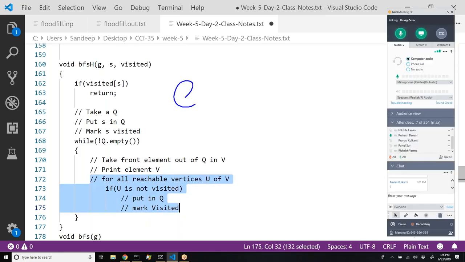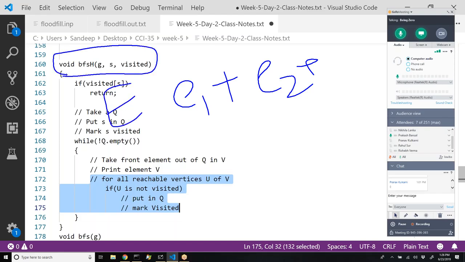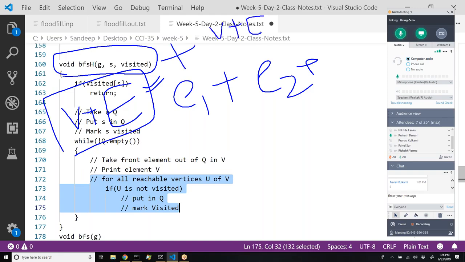So first time it may be taking E1 edges, second time E2 edges, overall E edges. And we may call this function for every vertex. So this is V plus E. Now whatever topological sort we have come up with using BFS, it has V plus E for BFS plus another V plus E for in degree calculation. So which is big O of V plus E only.